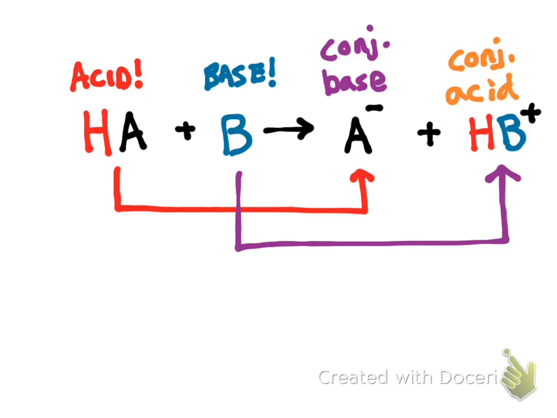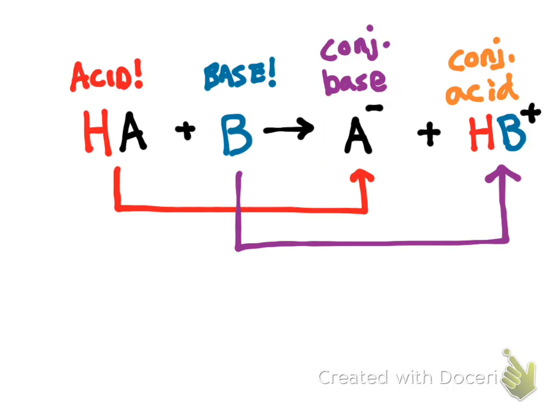Whatever grabs onto the hydrogen is the base, and it becomes the conjugate acid. This is always true. The charges of acids and bases, they don't have to be neutral. Oftentimes acids are positively charged, oftentimes bases are negatively charged, but we always have this relationship where the acid, when it becomes the conjugate base, since it's getting rid of an H+, it will always go down one in charge. So here it became A-.